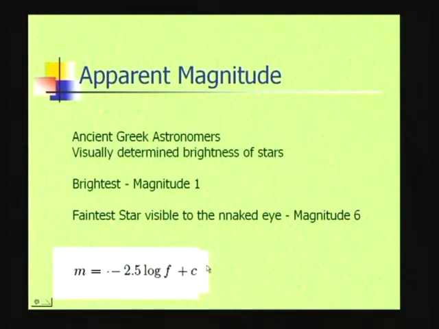There are two things which we have to note about this. The first thing is that the fainter the object, the larger the magnitude. That is the whole magnitude scale. And in optical astronomy, if you are dealing with optical data, the measurements are always quoted in terms of magnitudes.